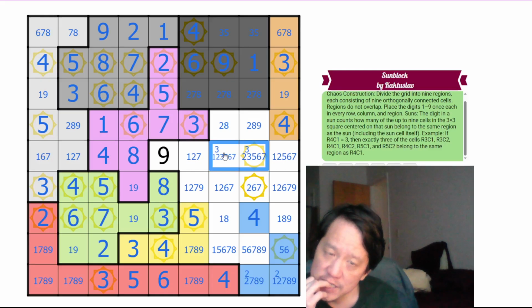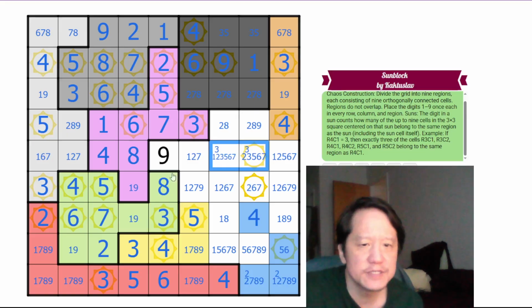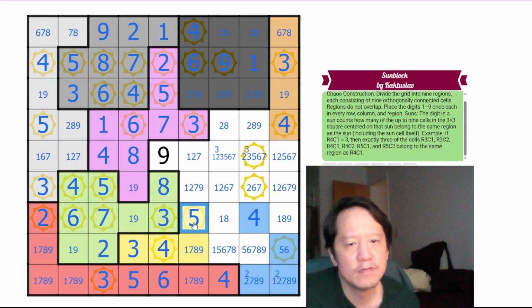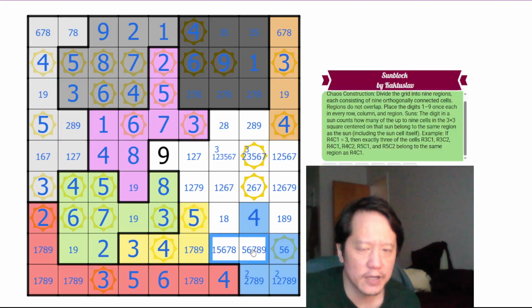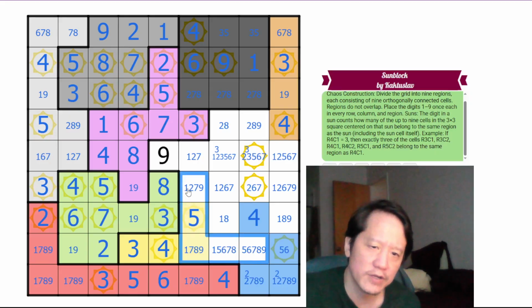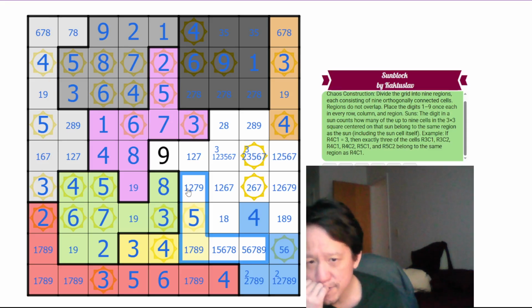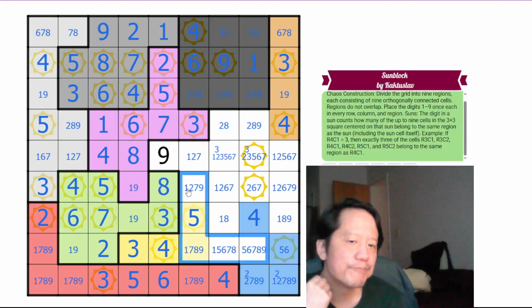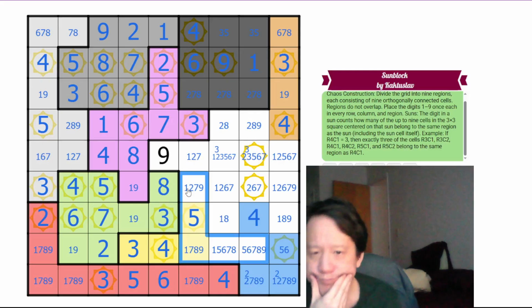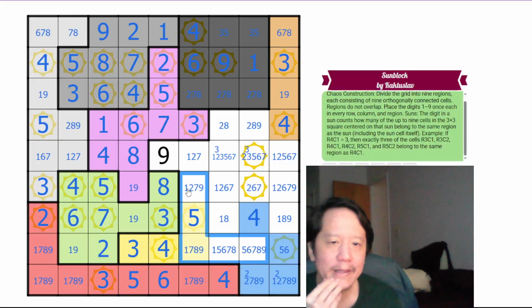This is 5. So yellow cannot go here and here. If yellow goes here, no, it could. It could go here and here if that's yellow. Hmm.